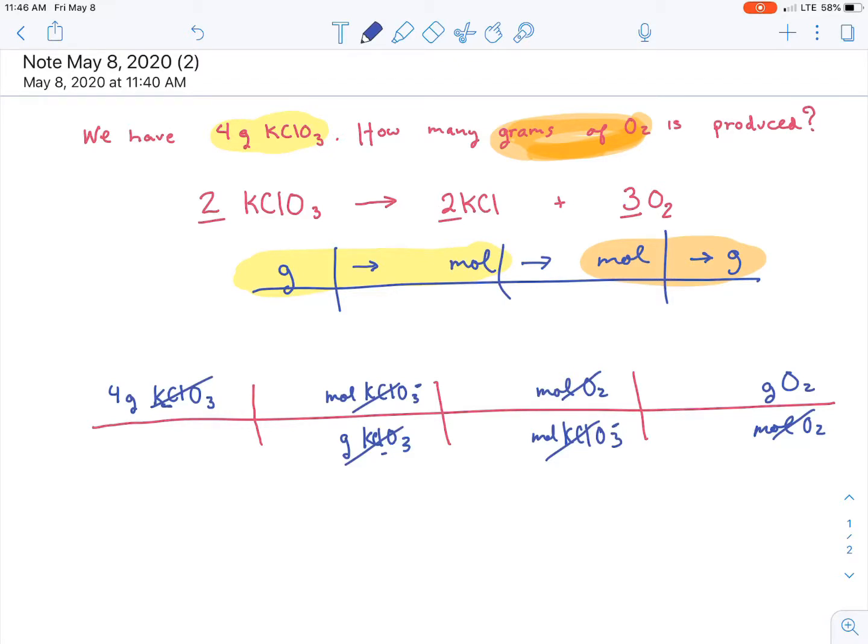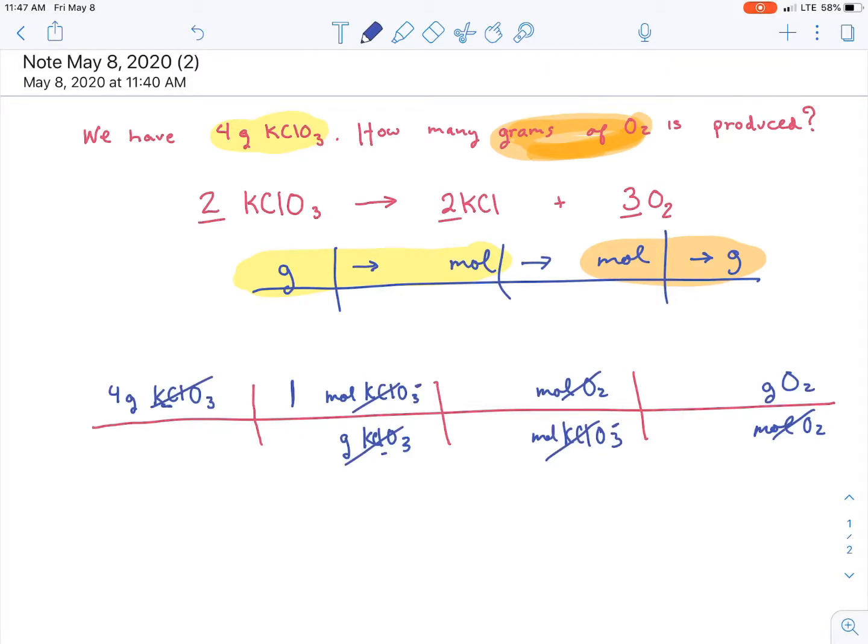Okay, so if we have moles and grams, moles over grams or grams over moles, that mole is going to be 1, right? Because we want to know the mass of 1 mole. So we look on our handy-dandy periodic table. I don't even have my calculator out here yet, so I'm going to chit-chat and stall a little bit, but here we go. So first of all, we find potassium.